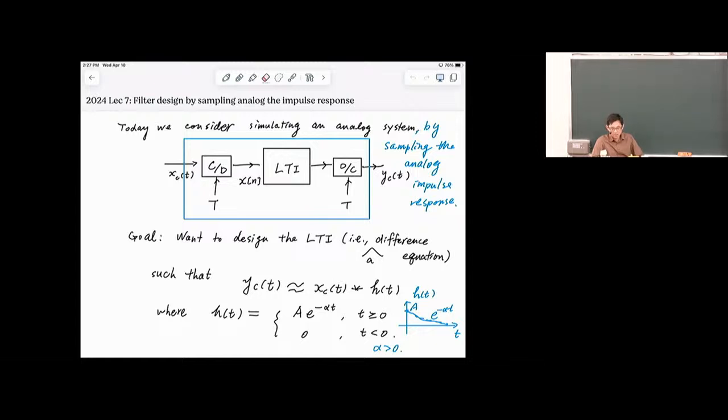So here, let's begin by looking at this sort of workflow. On the left, you see that we receive a continuous time signal, x_c, where c stands for continuous.